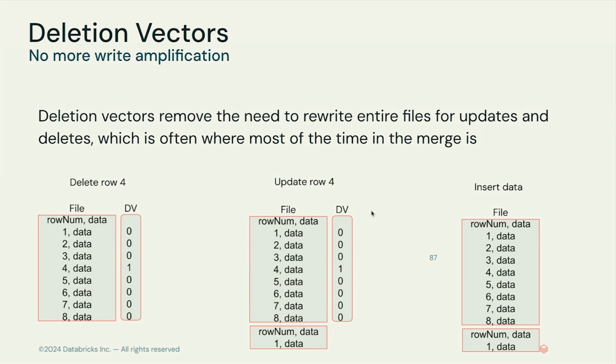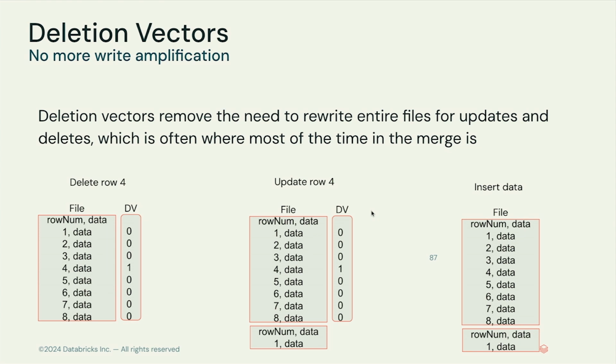So deletion vectors, that's another innovation. A deletion vector is a way to prevent write amplification. Write amplification means when you have a record in a file and you update that file or that record, you would rewrite the entire file. So even though you changed one record, you'd have to rewrite the entire file, and that's write amplification.